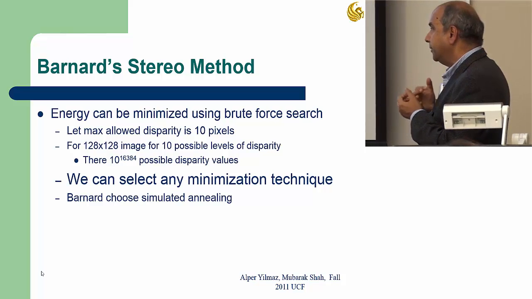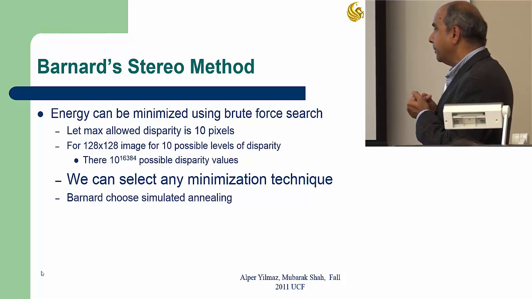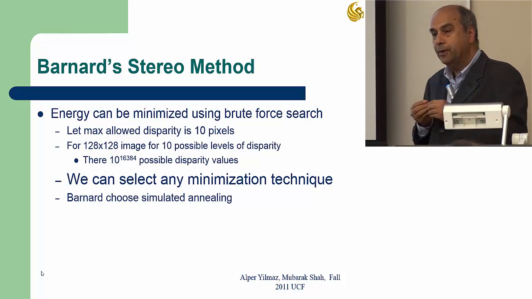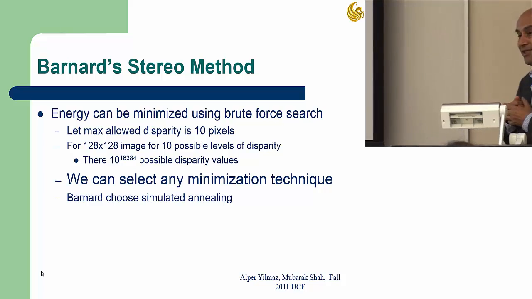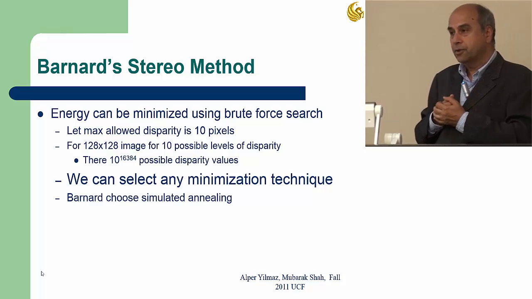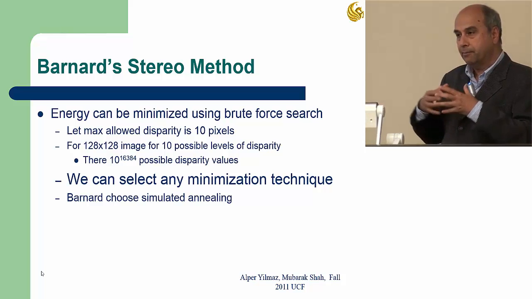So this is where we can use some intelligent way to minimize this energy or function or cost, and Bernard used what is called simulated annealing. Simulated annealing is a process in materials.